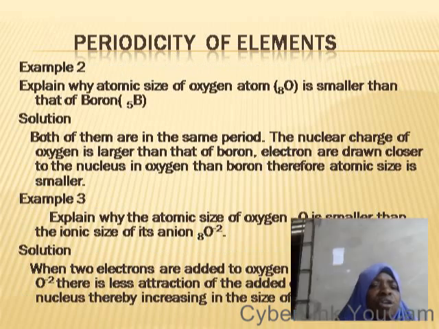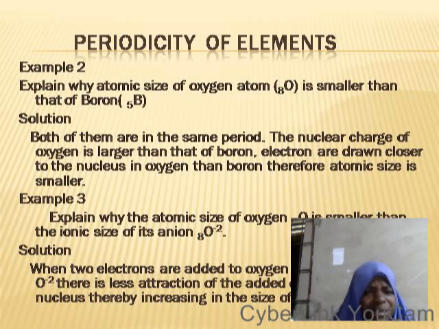Now question 2: explain why the atomic size of oxygen atom is smaller than that of boron. If you look at the electronic configuration of boron and oxygen, you see that boron is 2,3, while oxygen is 2,6. Both of them are in the same period because they have 2 shells.